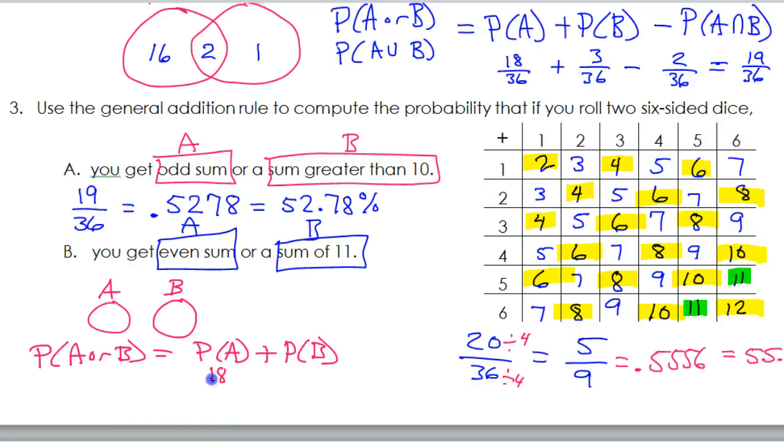Remember how that was half, so that was 18 over 36. And then the probability of being a sum of 11, there were two of those, so that was 2 over 36 for event B. Of course, 18 36ths plus 2 36ths is 20 36ths, and we'd get the same thing that we had before. So I just wanted to connect it up with the formulas once again.